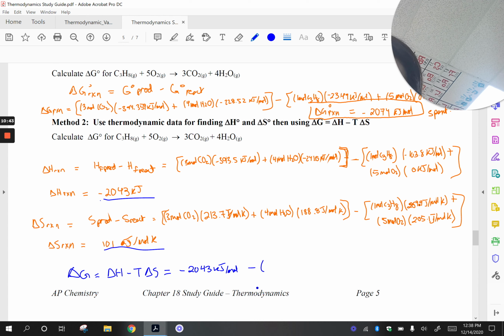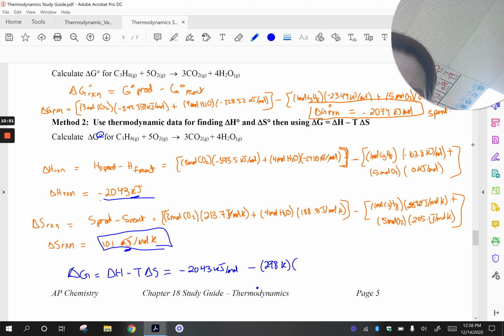Minus T, we're doing it at standard conditions, so 298 Kelvin. Delta S, remember this is joules per mole Kelvin, but this is kilojoules, so to add them we got to convert one or the other. I'm going to go ahead and convert this, so it's 0.101 kilojoules per mole Kelvin.